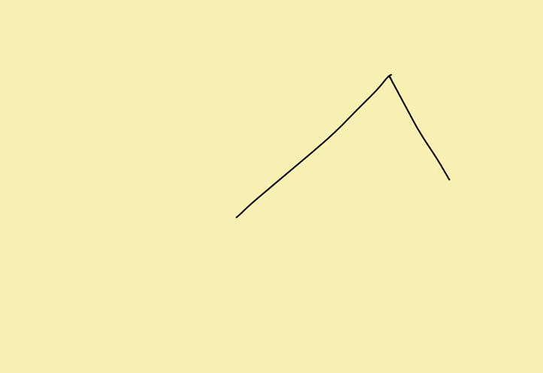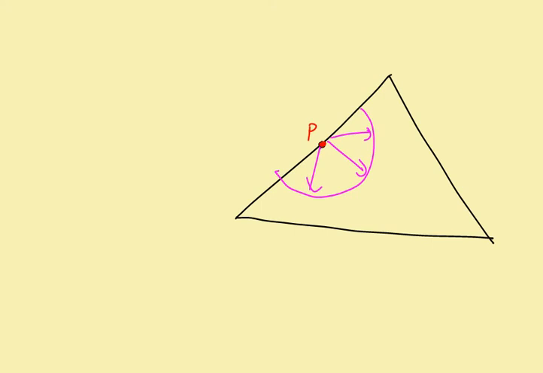Here, let's take a point P, and let's take a semicircle of radius delta. This doesn't intersect either of the other sides. These are of course the sides L1, L2, L3. So what we know is that the area of the triangle is greater than the area of the semicircle, which is greater than pi.